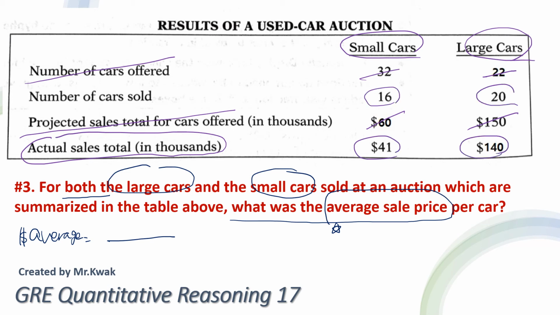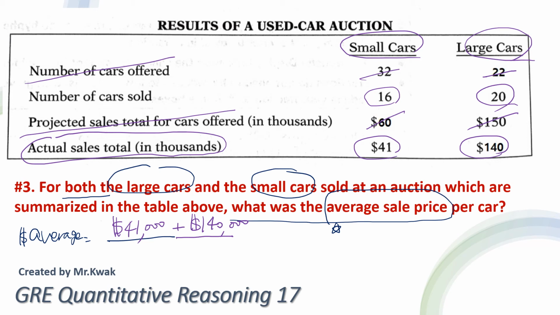So right now, in this situation, what we need is just four factors. The total of something. In this situation, total selling prices. So for the small cars, 41,000, but for the large cars, it was 140,000.